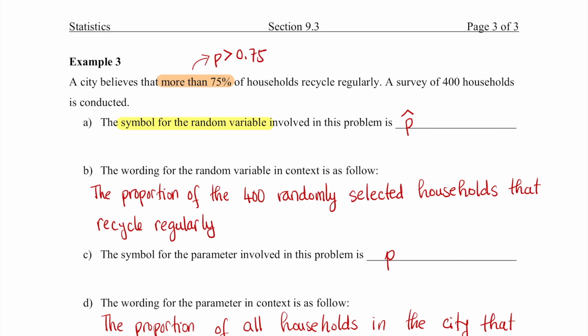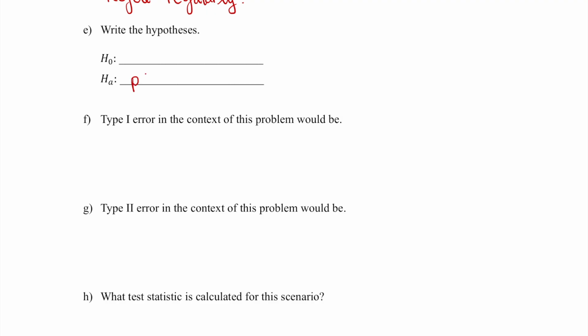So this is my HA because HA does not contain the equality sign. And H naught uses the equality. So we have p equals 0.75. Be careful here. Hypotheses are always written using the population parameter. So we use p, not p hat.